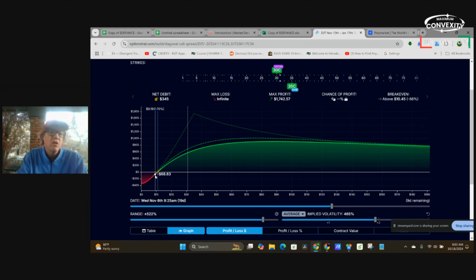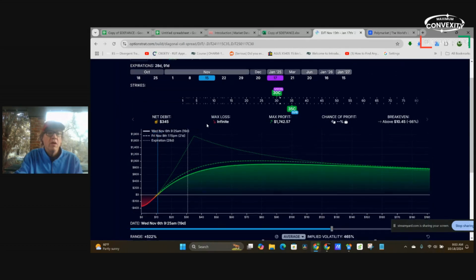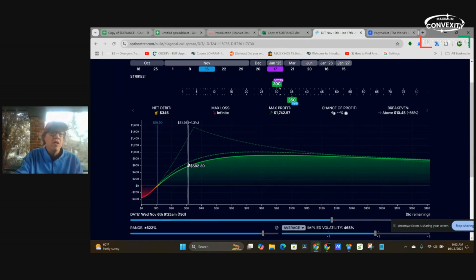If Kamala wins, you're going to win $1,000, but it cost you $390 to make the Kamala trade, so you'll net $610. Okay, the $610 just has to replace this, $345. If Kamala wins, you make 1,000 less $345.